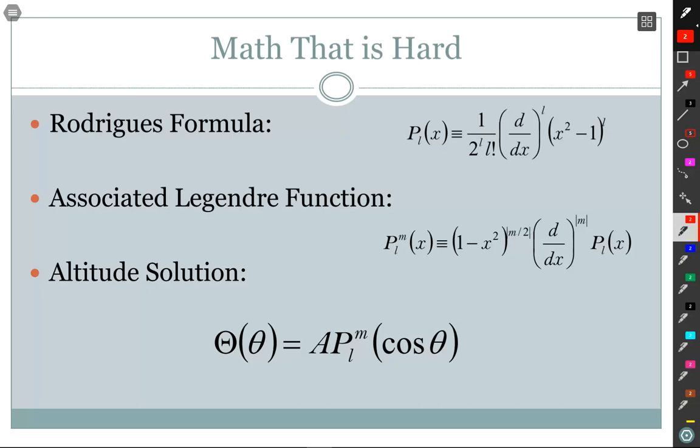What does that tell us about L? Here's a clue. Could you take the 1.75th derivative? I don't think so. Not great. L has to be an integer.